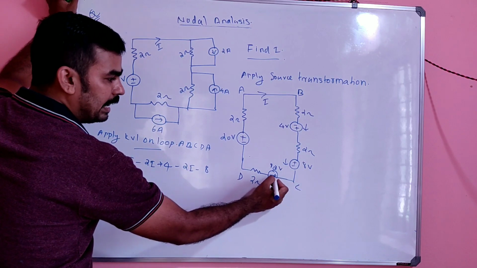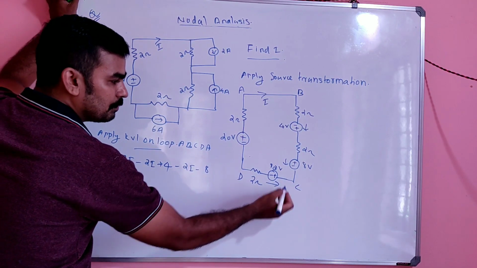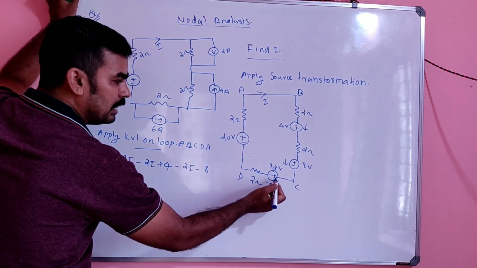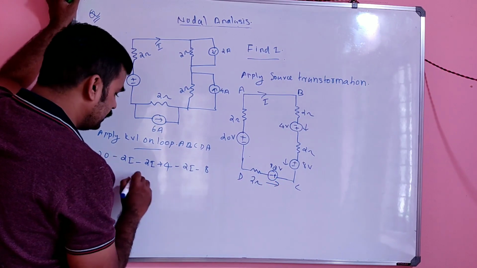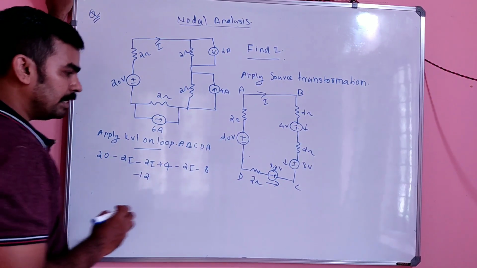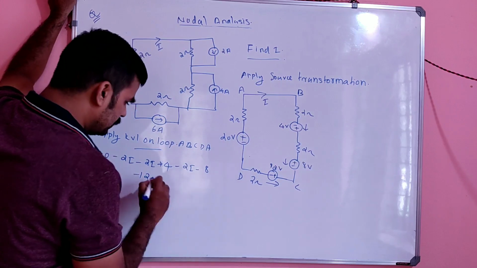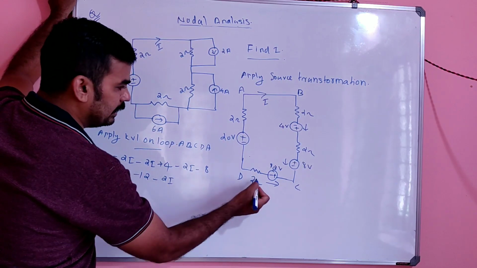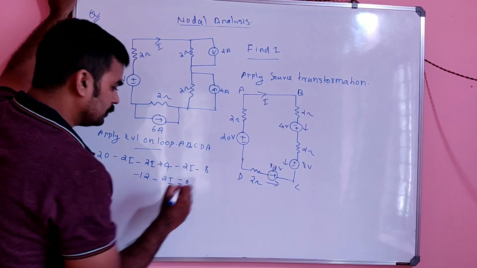Come to here, again decrease in potential, here to here, plus 2 minus, it will be minus 12, and again minus 2I, equal to 0.